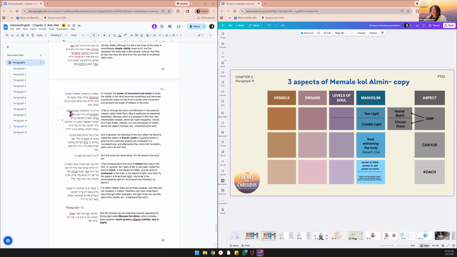Hainu al yidei islapshus hanefesh bekelim chitzonim nikre gidei adam. Okay, now he moves into a whole new chapter. That's when we need to take a deep breath, and don't be scared, because he's going to go into more details. Now he's talking about the vessels, so we're going to work with these two columns, the vessels and organs.